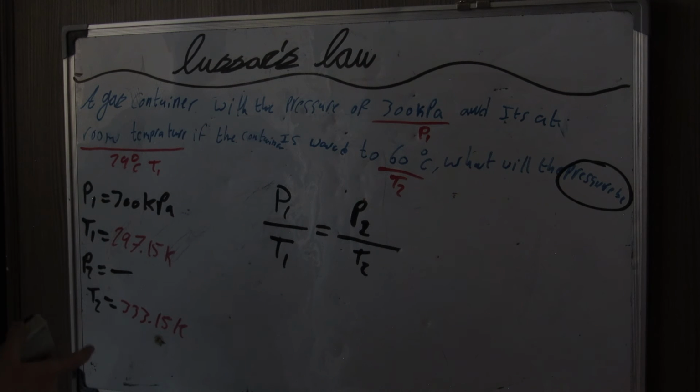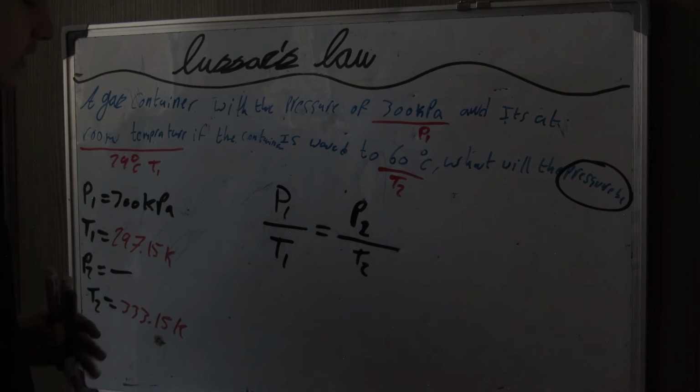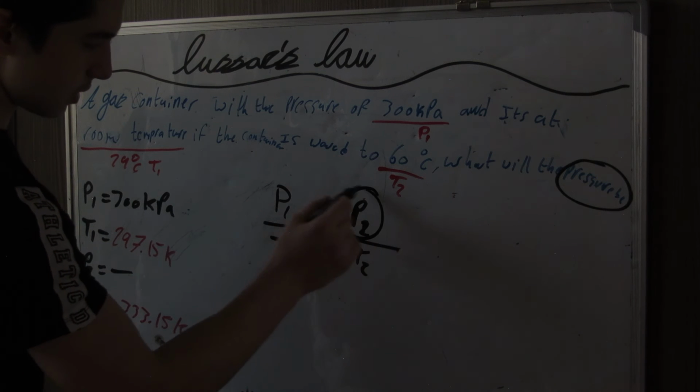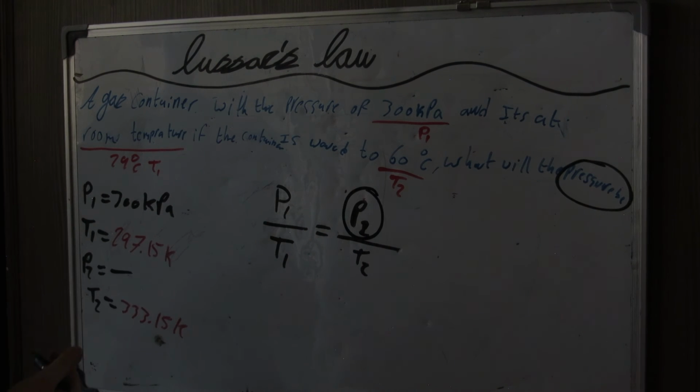Now when we're solving, the first thing we need to do is rearrange the formula. Always we need to rearrange it to a formula that is compatible for our unknown answer to calculate it. So our unknown answer here is P2. We want to solve for P2. What do we do?